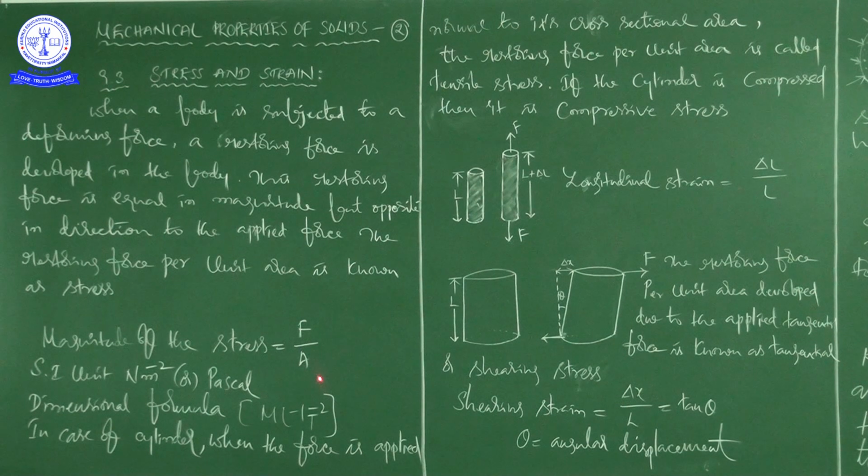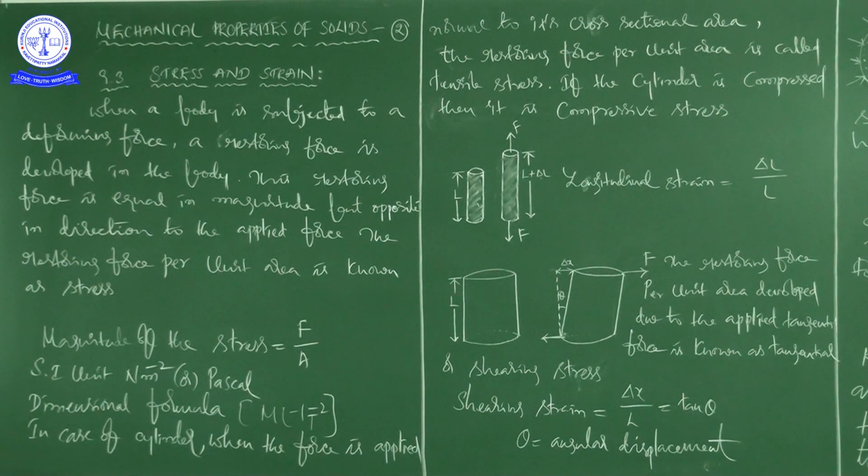In the denominator, area is L square. When L square goes to the numerator, it is L power minus 2. Already L power 1 is there. By equating the base and powers, we get the dimensional formula for stress as M power 1, L power minus 1, T power minus 2.